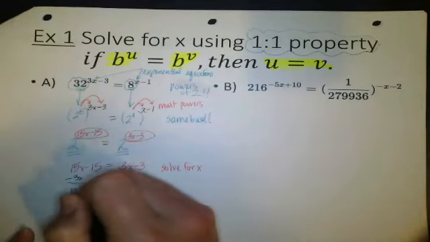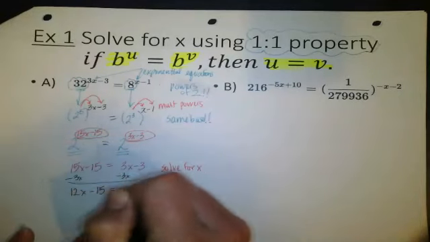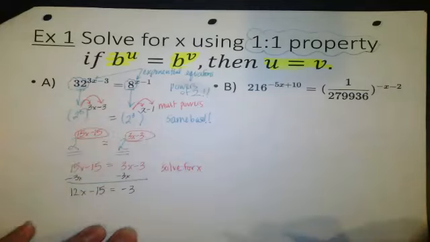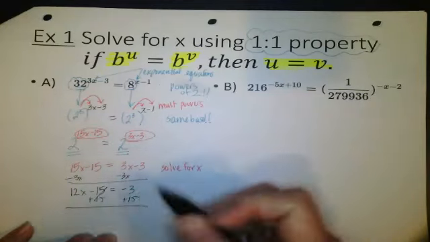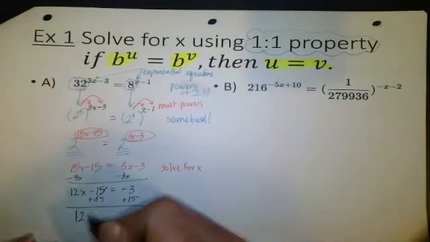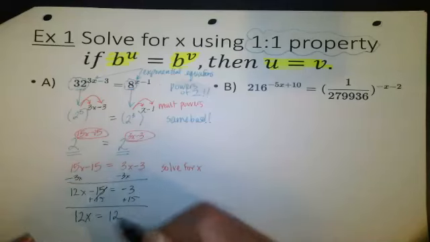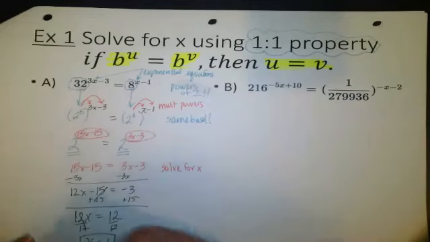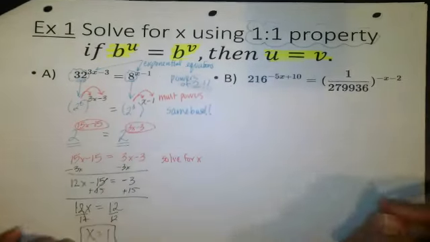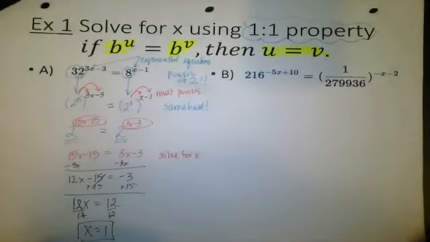So that gives me 12x minus 15 equals -3. I can go ahead and add 15. Of course, you can not show these steps. So 12x equals 12, and we can divide by 12 and get x equals 1. And that is fantastic. All right, easy to solve.